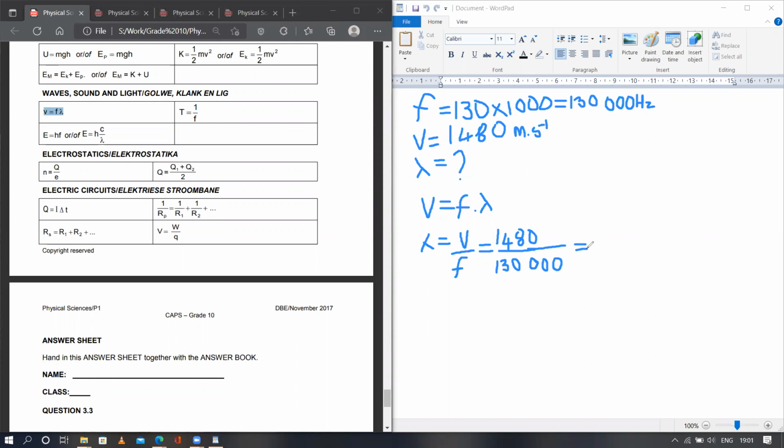Let me get my calculator. 1480 divided by 130,000. Cool, I got 0.011, but you can just leave it at 0.01 meters because that's the final answer.